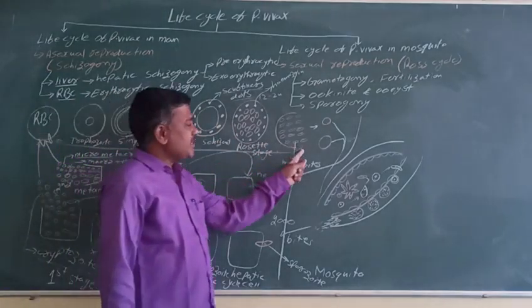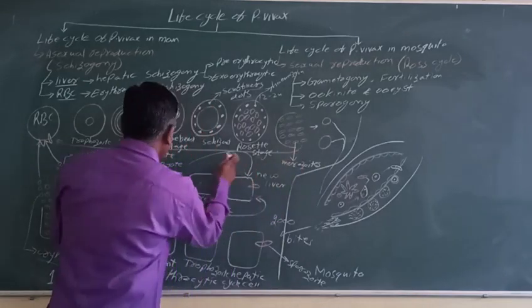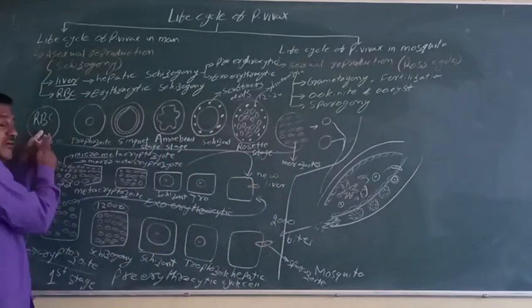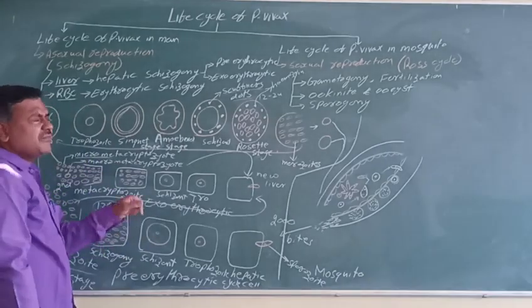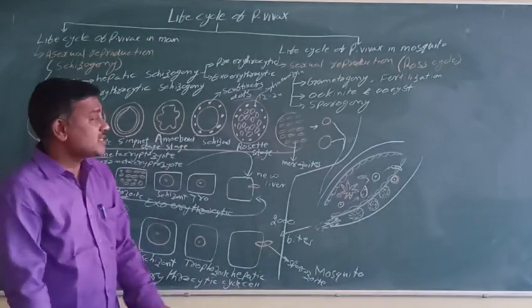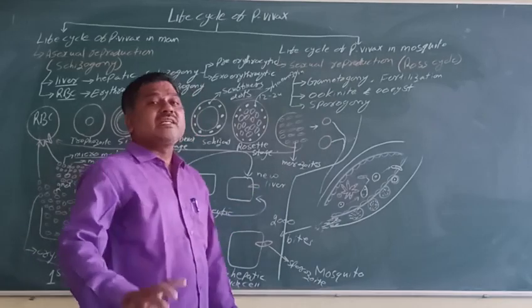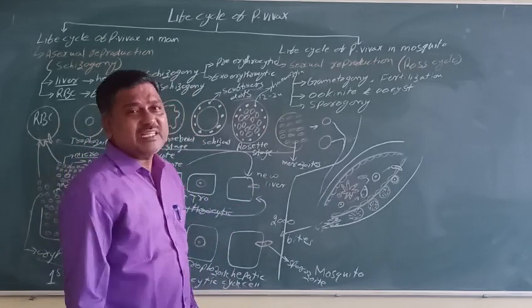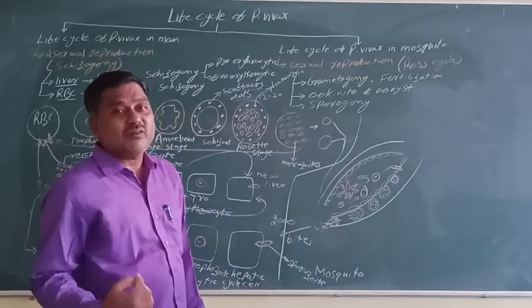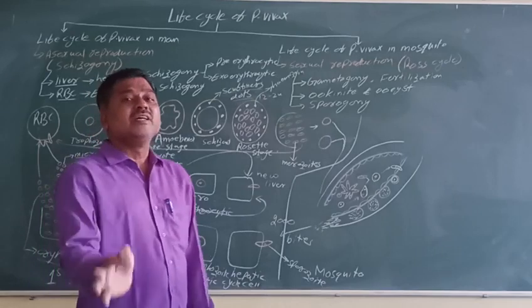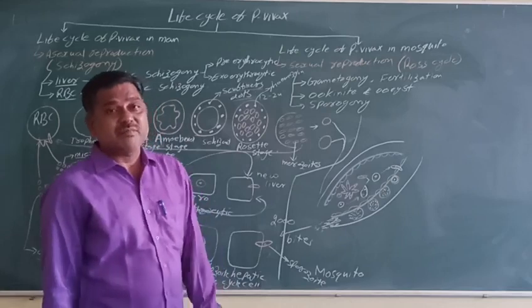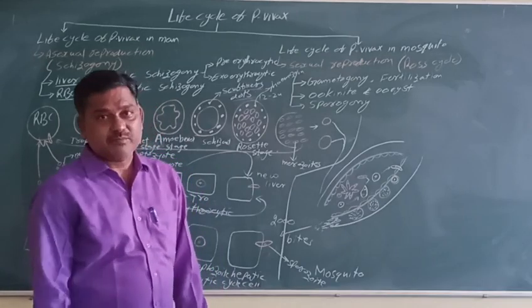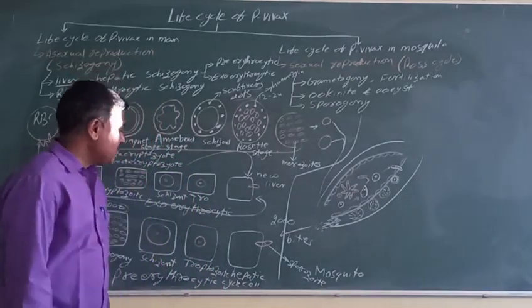Again they go and infect new RBCs. So these merozoites are responsible for decreasing RBC concentration in our body. That's why one of the symptoms, anemia, occurs.